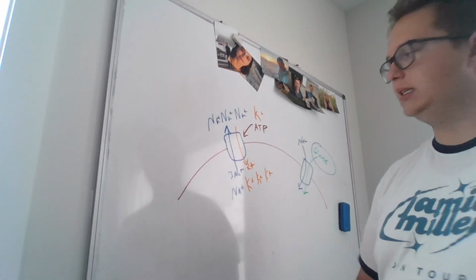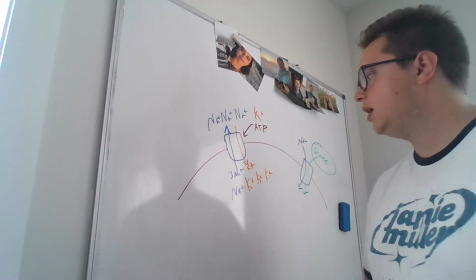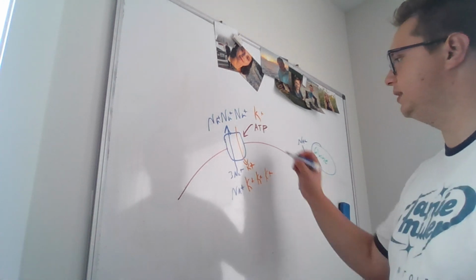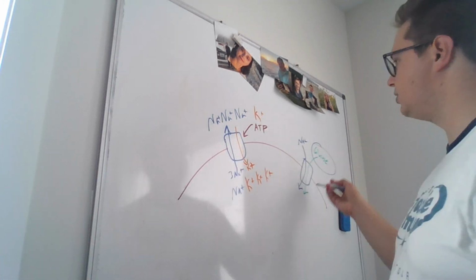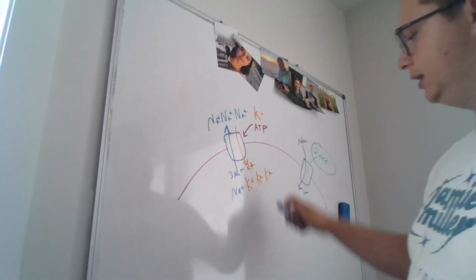So some sort of energy is needed, and so the energy from sodium is what's being used. So these two things do require ATP. This one uses it directly. This one takes advantage of the ATP used here.